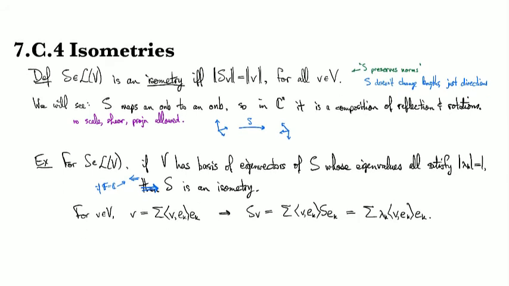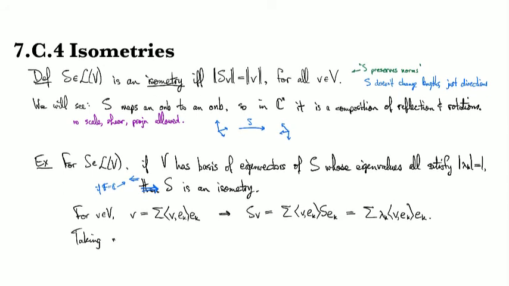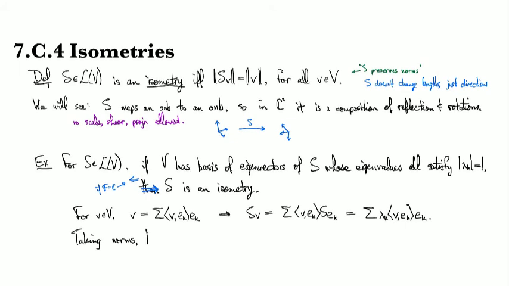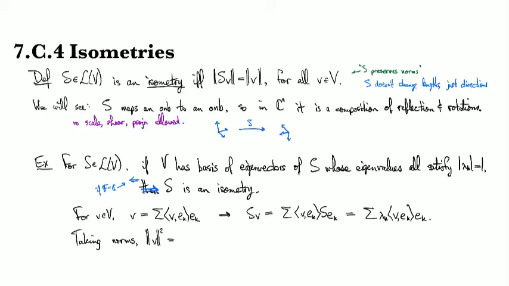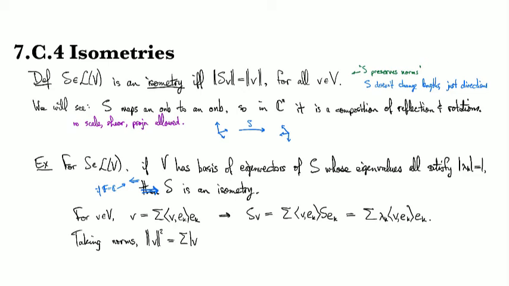Okay, so now taking norms, the magnitude squared of v is going to be, by the orthogonality of the eigenbasis, the sum of the components squared in modulus.